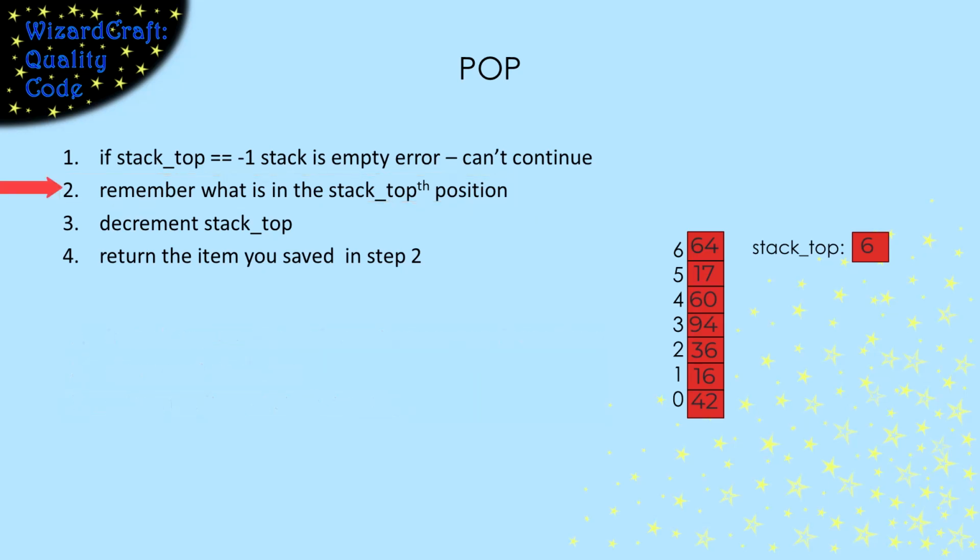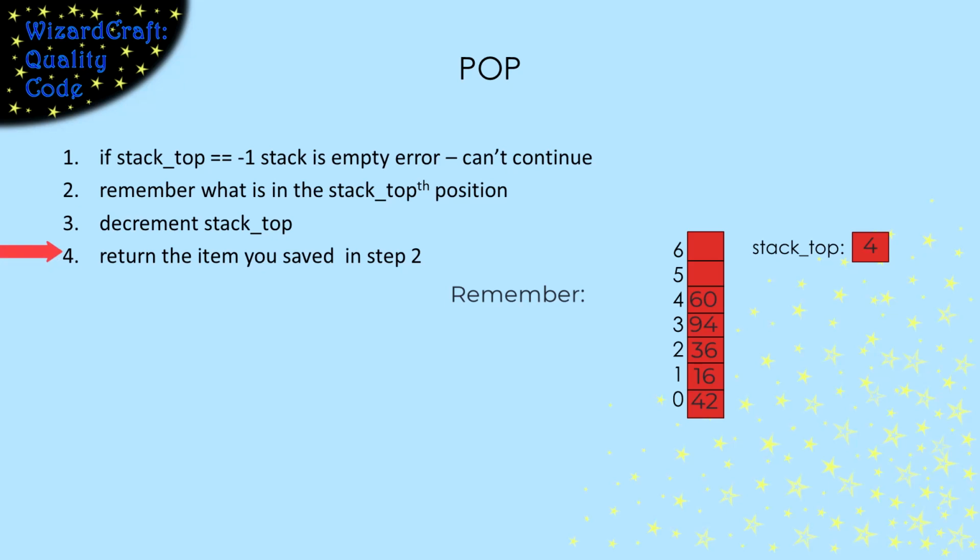So let's pop the first thing. I'll remember the 64, decrement the stack top, and then return the 64. If we do it again, I'll remember the 17, decrement the stack top, and return the 17.